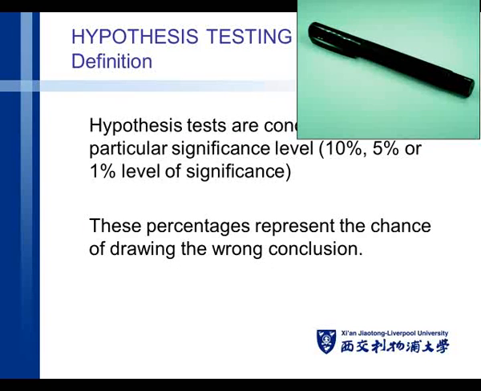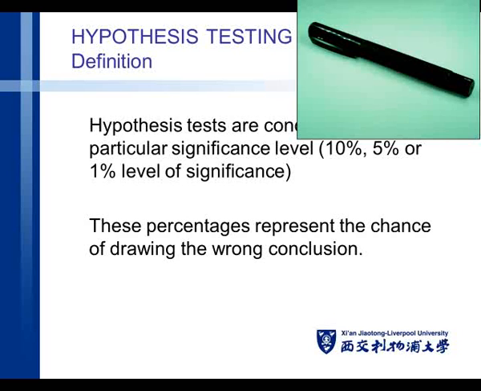We're going to talk about 10%, 5%, or 1%. Again, why these numbers? Well, it's historical. We've used these numbers; the first person who set this up set these numbers.